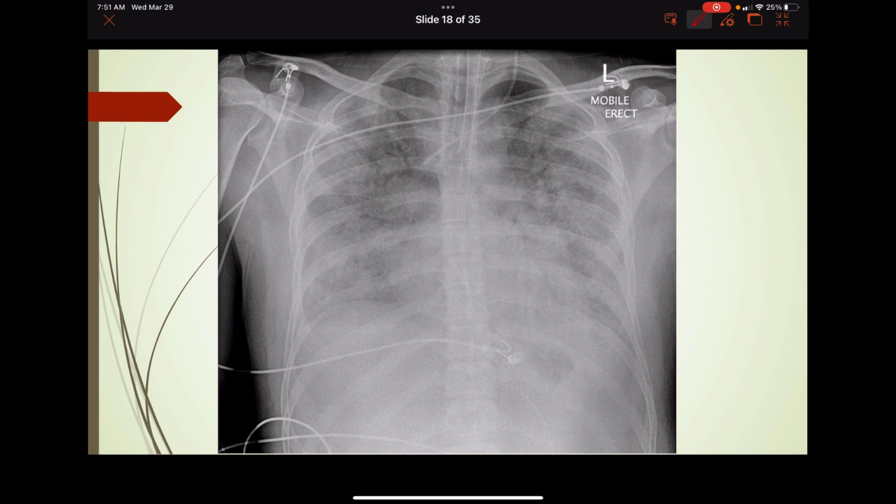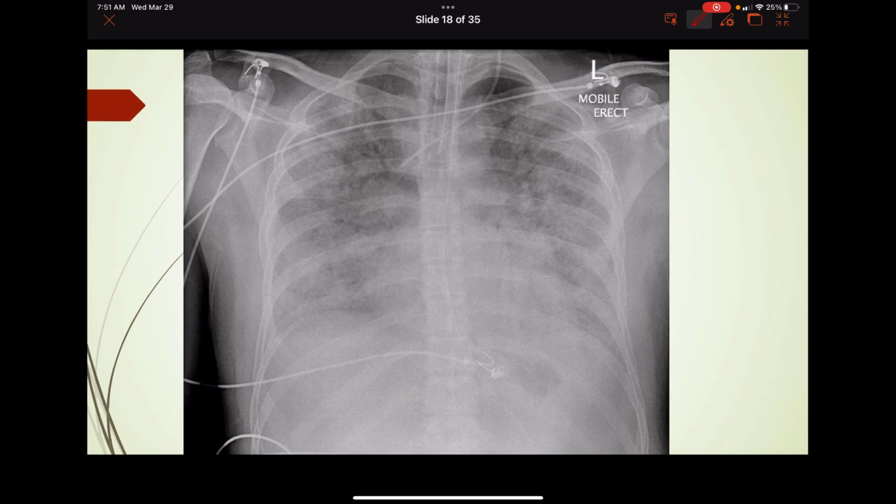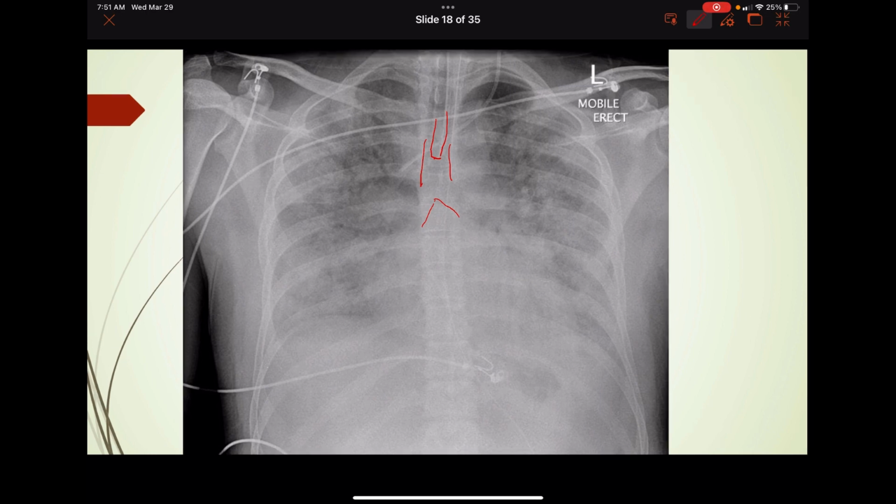And here's another chest. You can see the trachea coming down, and it appears like this is carina, and it looks like there's something in the trachea, so this is an endotracheal tube ending right there. And so that's probably about 4 centimeters above.